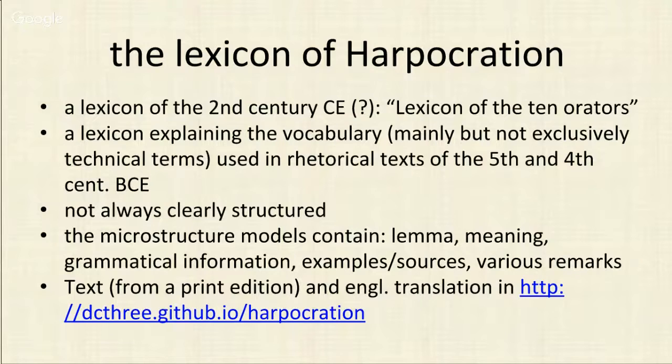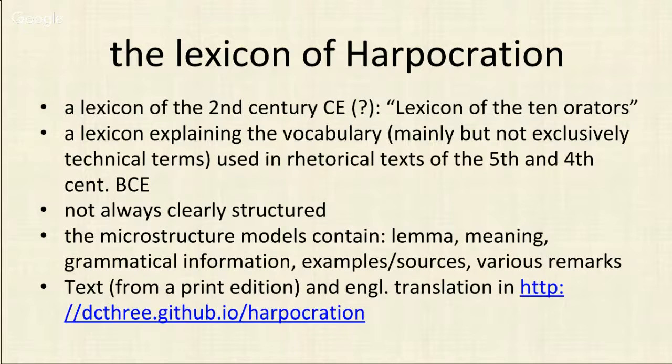I didn't give you a list of different microstructures in this lexicon because it is something that we still have to do. We have to study this dictionary and list down the different microstructural models. It is interesting that we can find the text of this dictionary with an English translation in a very, very interesting project.